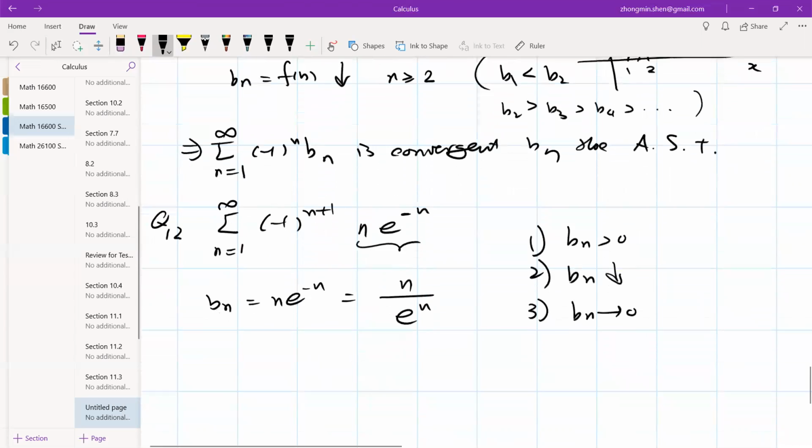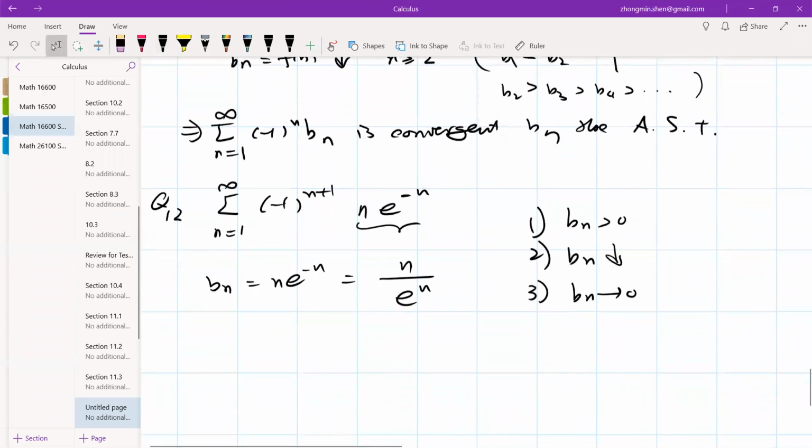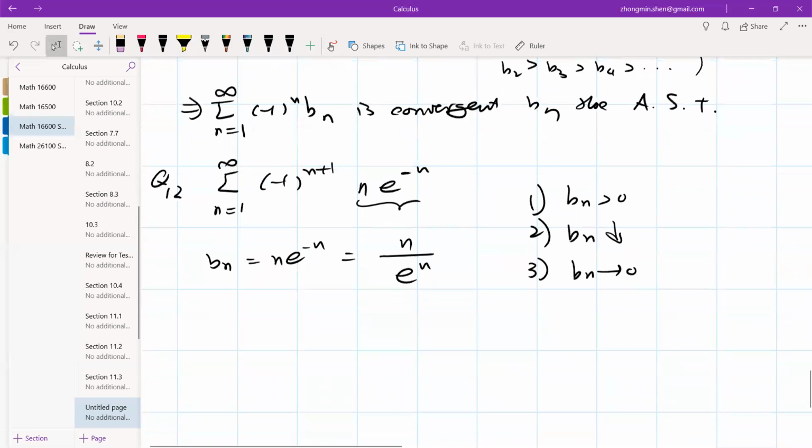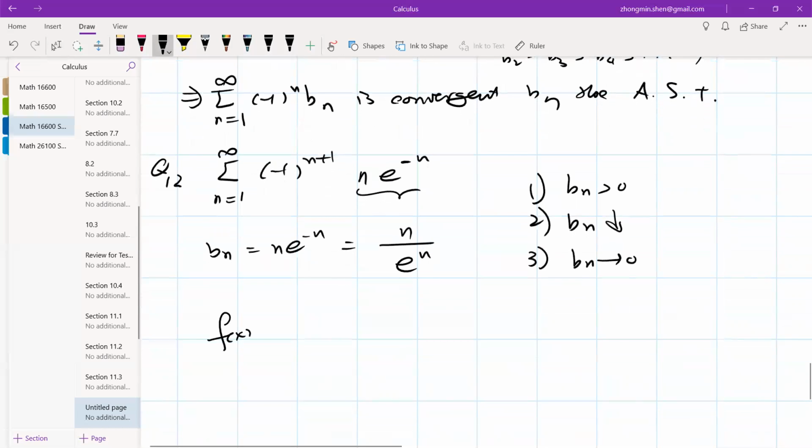I think that's obvious. Why? Because the exponential function grows faster than the polynomial, so the ratio will be decreasing. But you can check that directly. Look at the function x over e to the x.